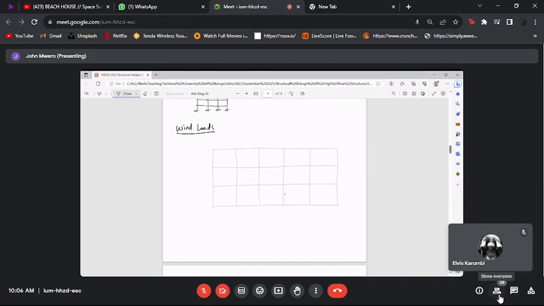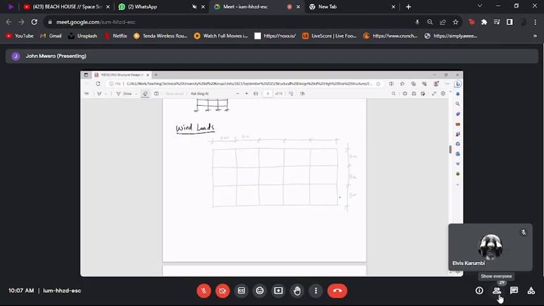Let's assume that this building has dimensions this side of 5 meters, 5 meters this side, 5 meters, 5 meters. Let's assume that this side we have dimensions of 7 meters. So that's 7 meters, 7 meters.